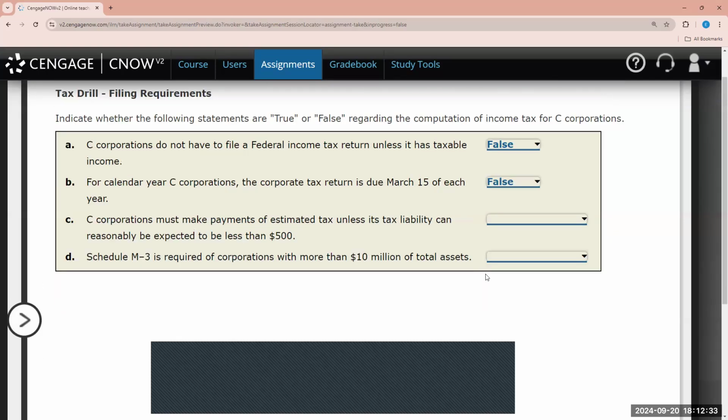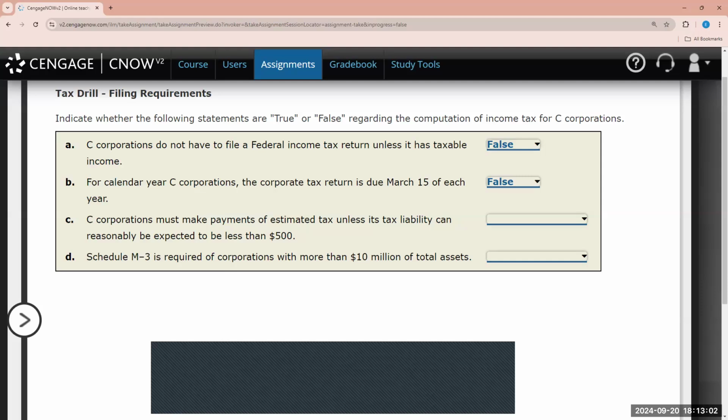C asks, C corporations must make payments of estimated tax unless its tax liability can reasonably be expected to be less than $500. So this is actually true. In addition, the payments must equal the lesser of 100% of the corporation's final tax or 100% of last year's tax. So this is essentially similar to individuals who need to pay estimated taxes.